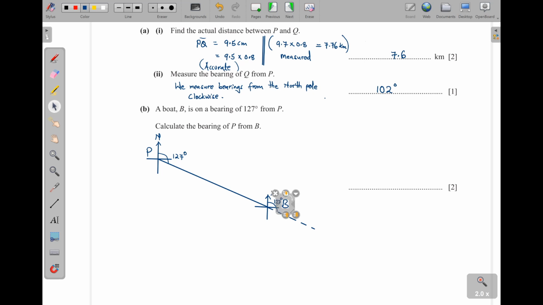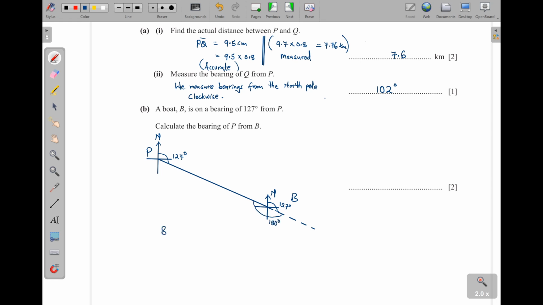Let me take away this B. This one here is going to be 127 degrees. Then this one is a straight line. This is 180 degrees.